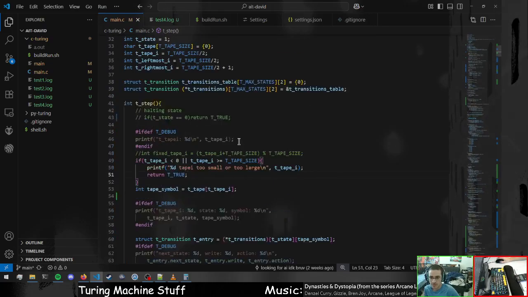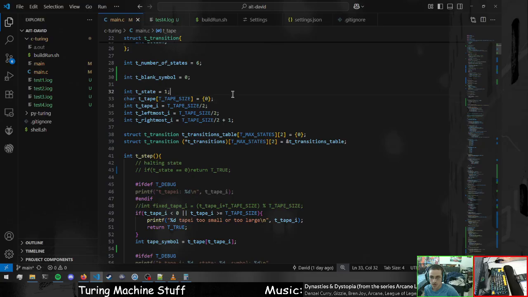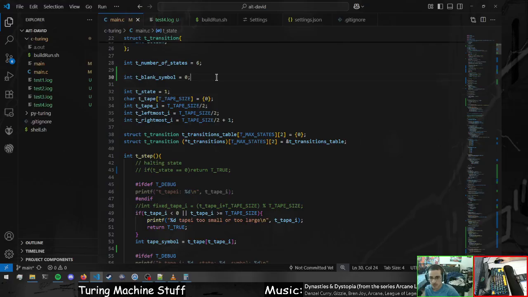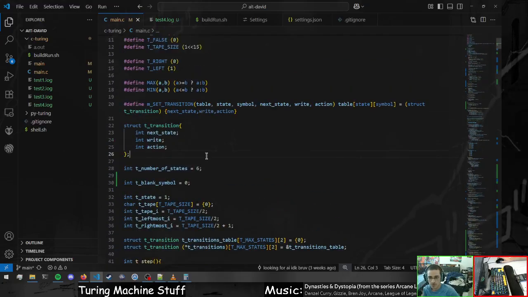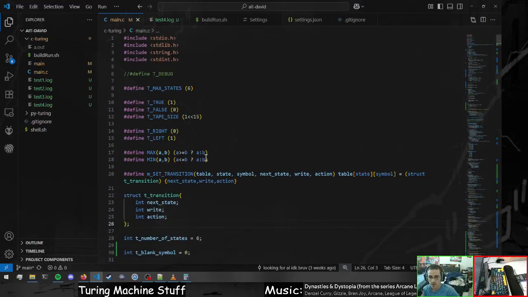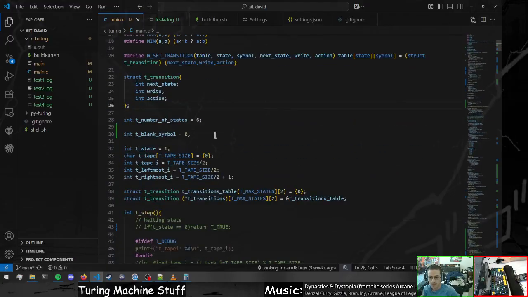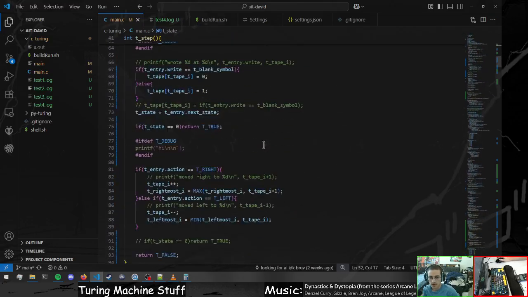Maybe I'll increase the number of symbols as well. I have no clue. This is serving my purposes so far. So yeah, we got that.